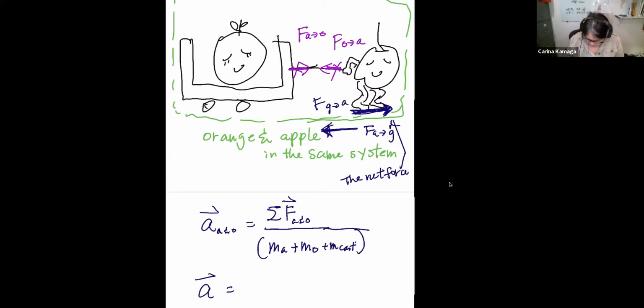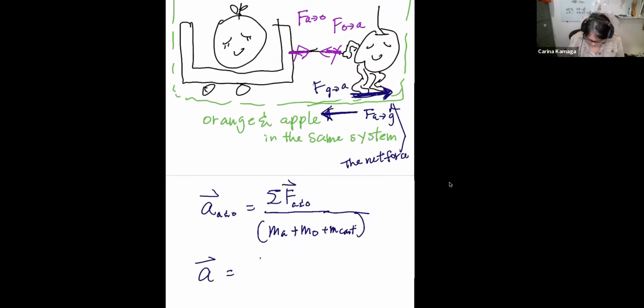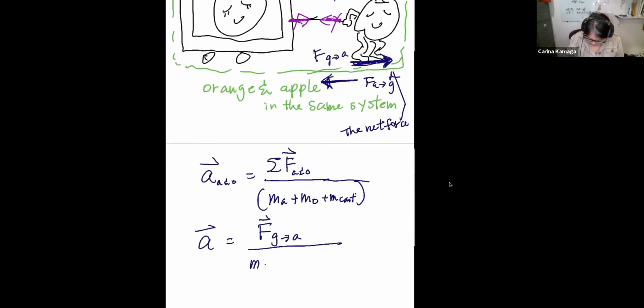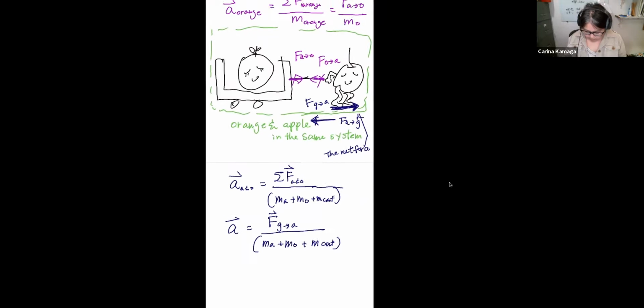And that's equal to the force from ground to the apple, the friction force, over M apple plus M orange plus M cart. So that's going to be the acceleration of this green thing.